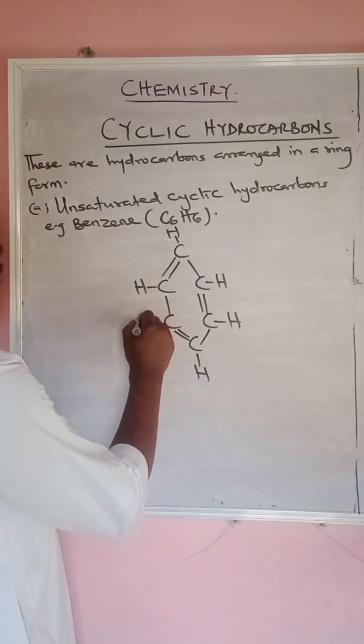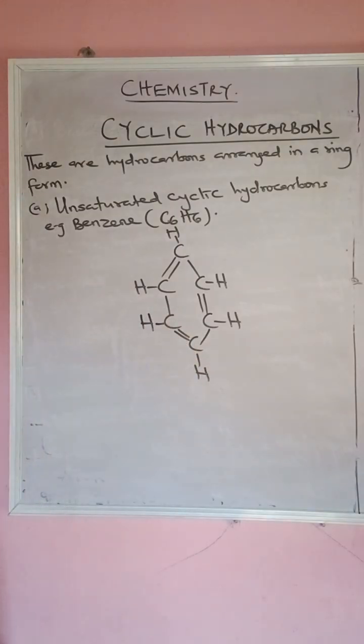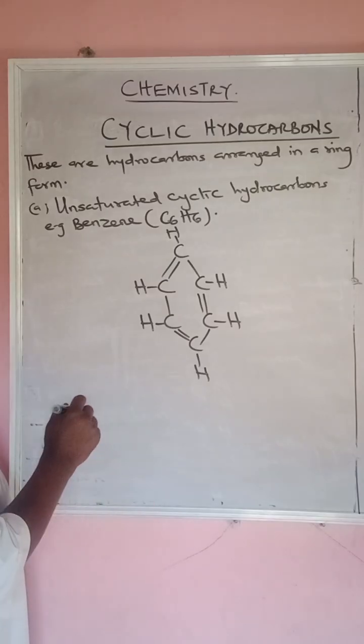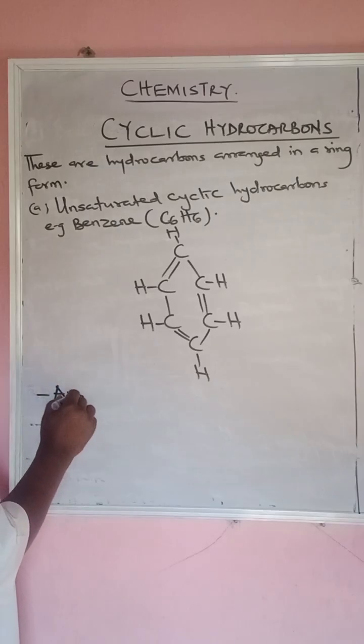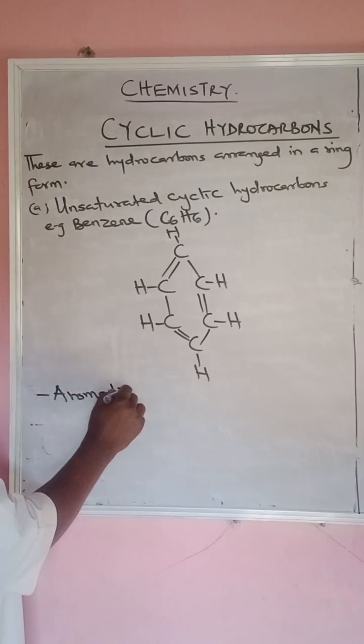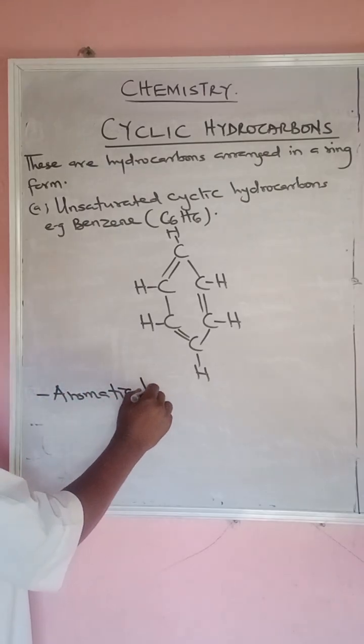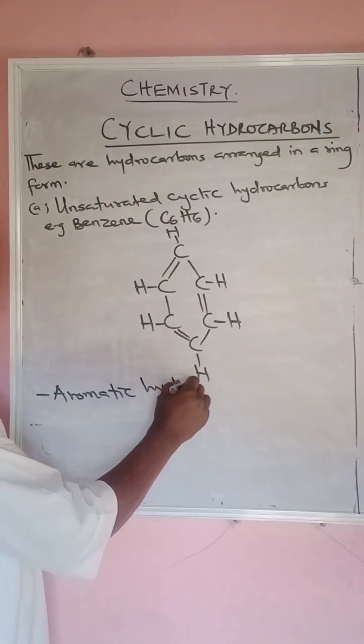That's the structure of benzene, C6H6. This one is known as an unsaturated cyclic hydrocarbon. Please take note of that. And in this regard, it is called an aromatic hydrocarbon. Benzene is an aromatic hydrocarbon.